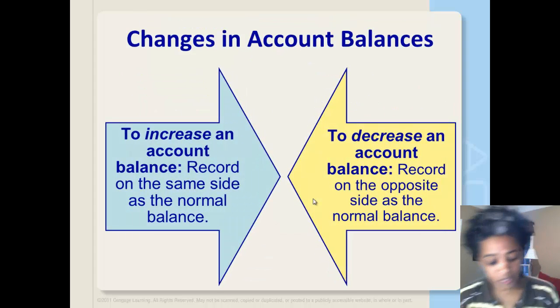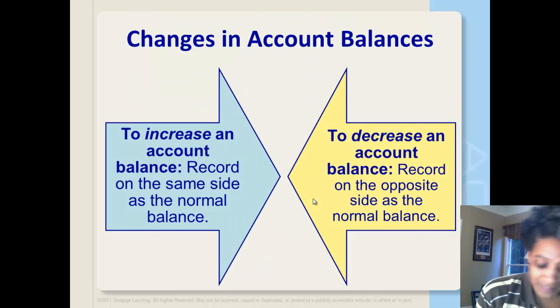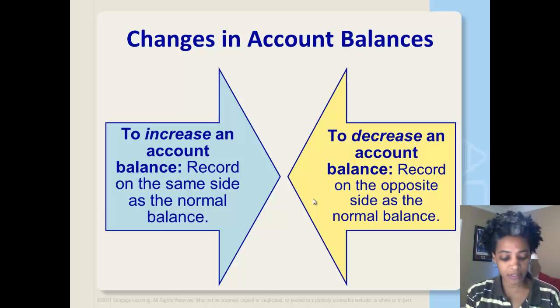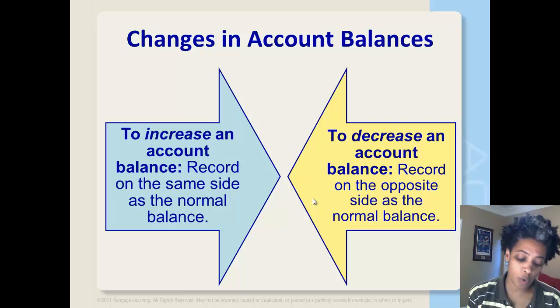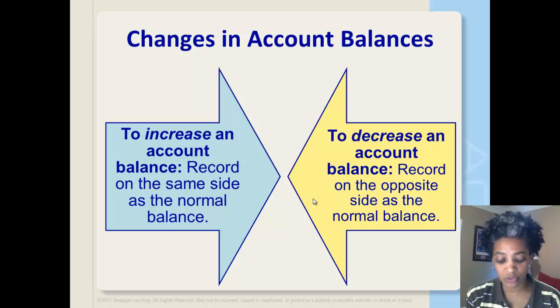So overall, in a double entry system, changes in account balances are recorded according to some pretty basic rules. To increase an account balance, record on the same side as the normal balance. To decrease an account balance, record on the opposite side as the normal balance.